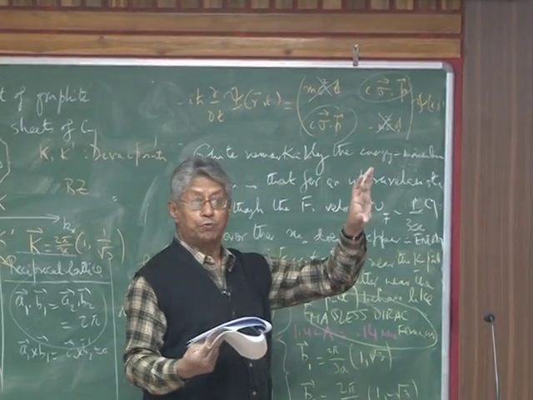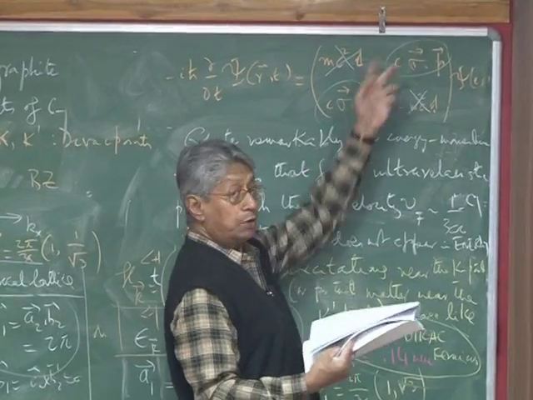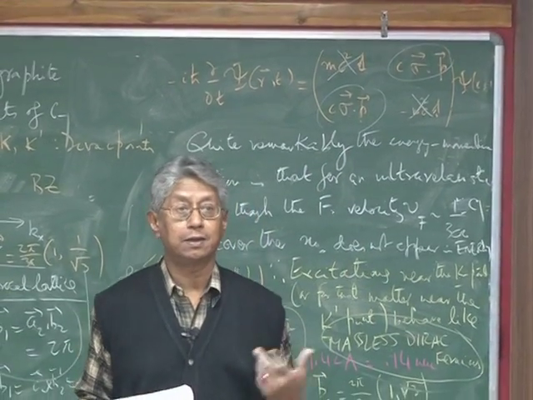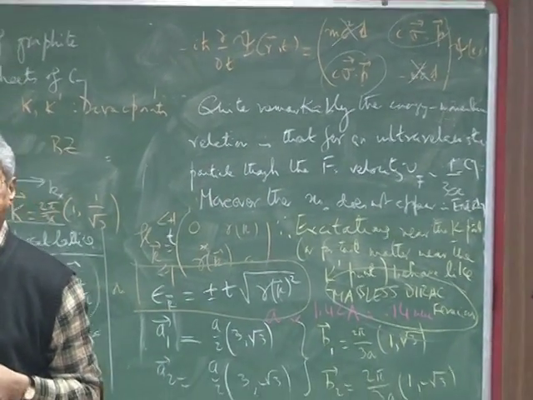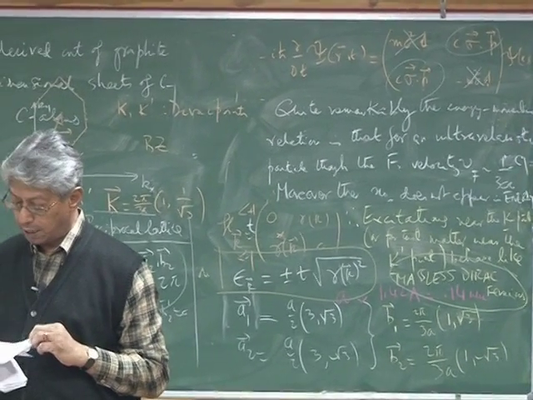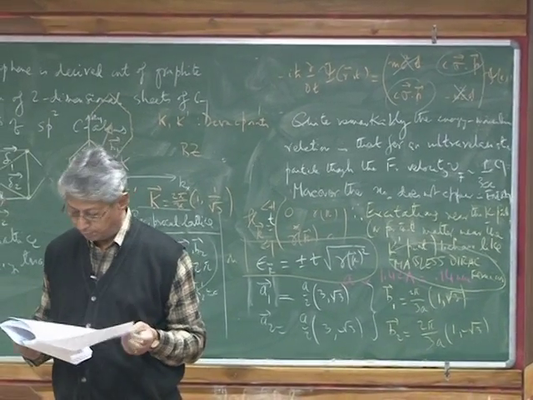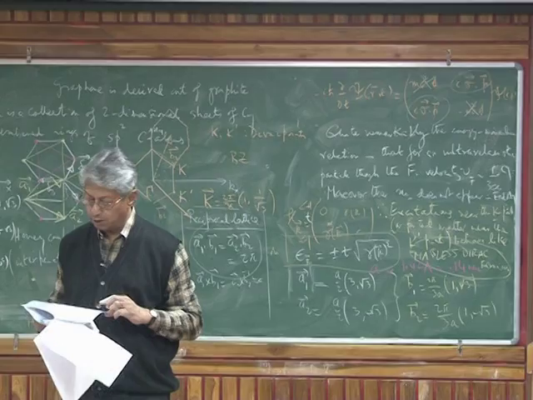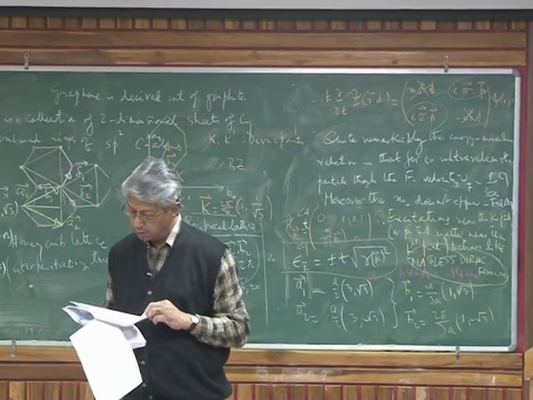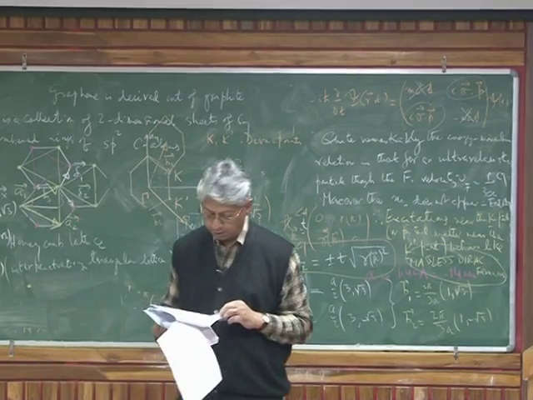So when you have a 4 by 4 matrix where these 2 by 2 blocks are 0, then you can easily handle these two sectors separately. So the K and K prime points can actually be handled separately. So it's like the electron sector and the positron sector for the original Dirac problem. There's a very nice letter by Semenoff where he emphasizes this point.